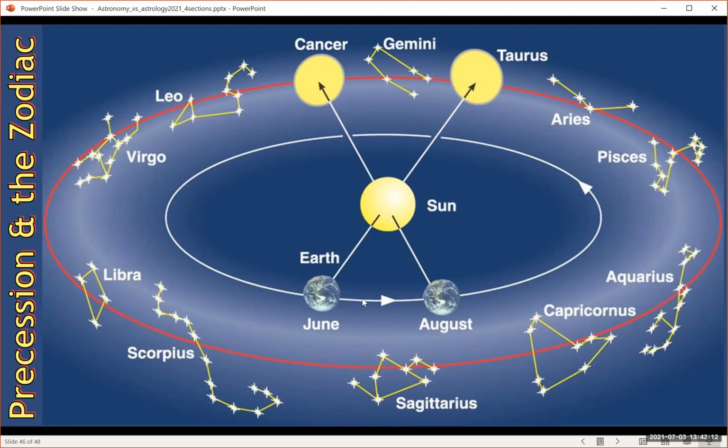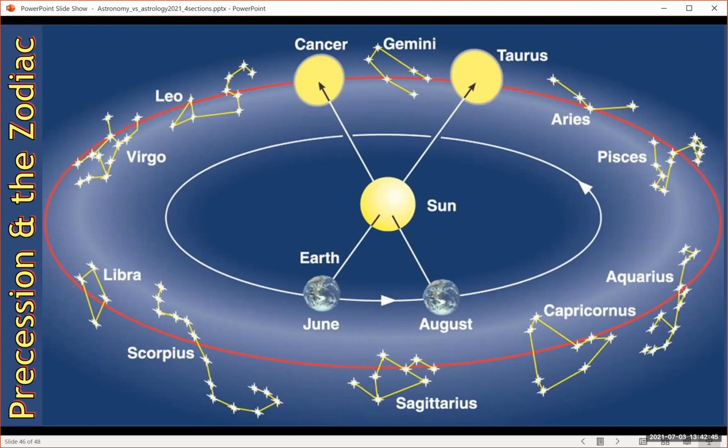Well, actually, the Earth would have been in a different position. It would have been about where this arrow is about 4,000 years ago in June. But as it's gone round, it's not quite got back to the same point. And so now, thousands of years after we set up this system of using the zodiac to keep a calendar, when we get to June, if we were able to see the stars behind the sun, it would be Taurus.